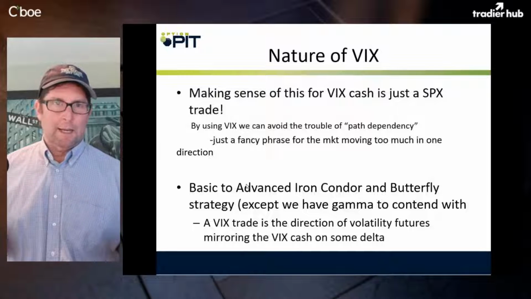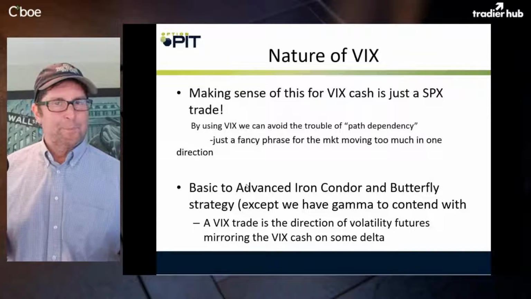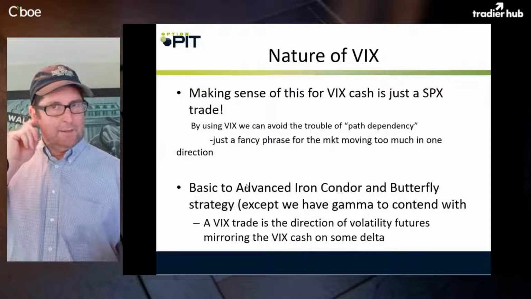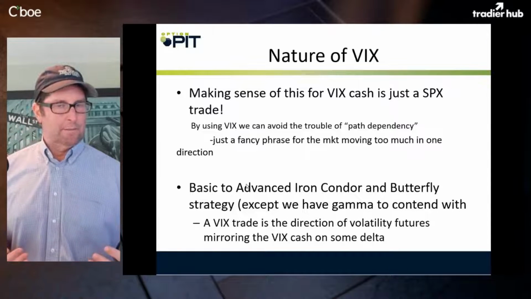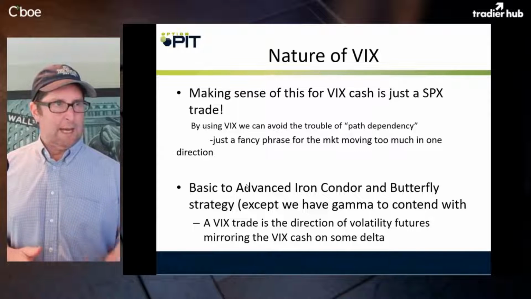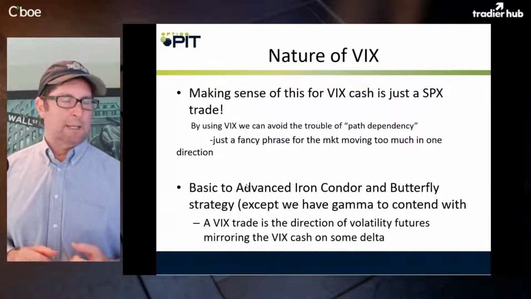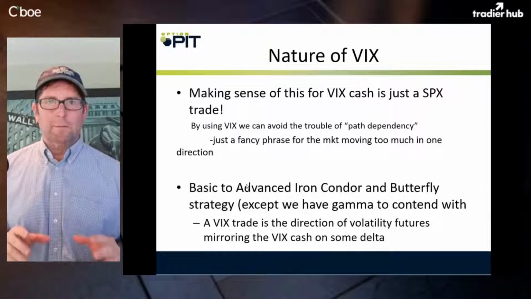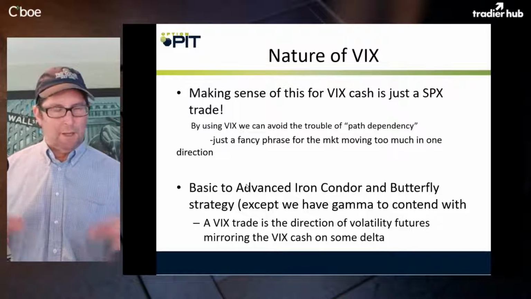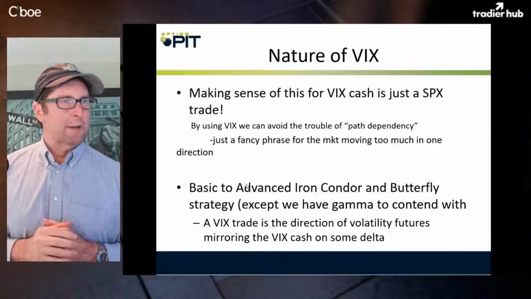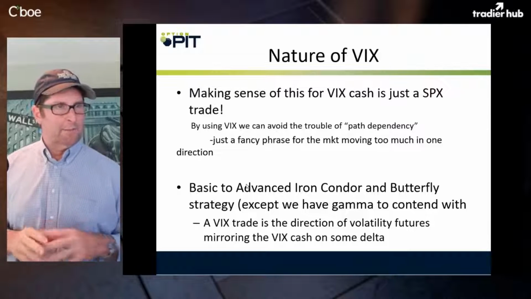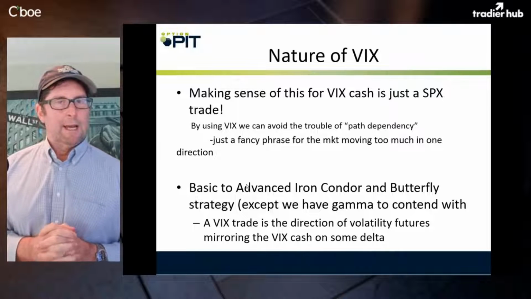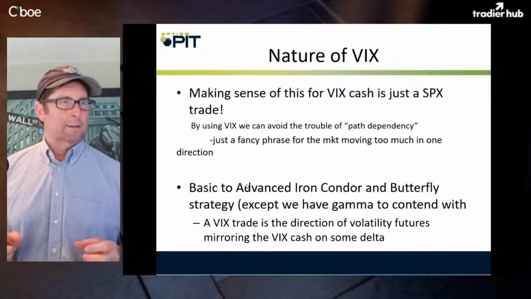It's kind of like making sense of how the VIX cash is. You think about it like SPX is a cash trade. So VIX is a cash index and SPX is a cash index. Now, the problem is if you want to sell options in SPX, to sell volatility, the credit spreads and iron condors and butterflies and stuff like that, the problem is path dependency.